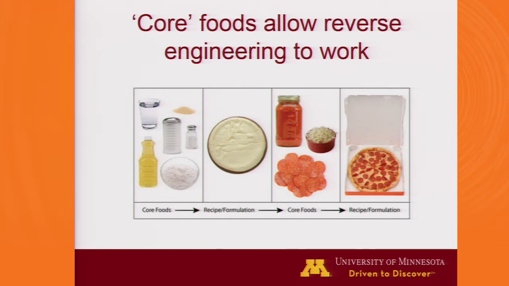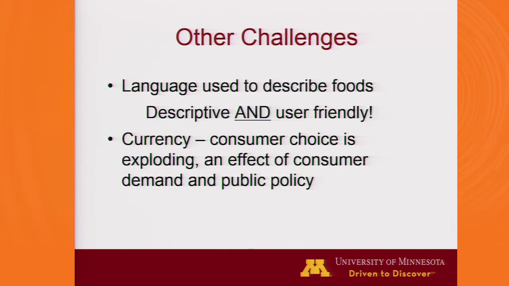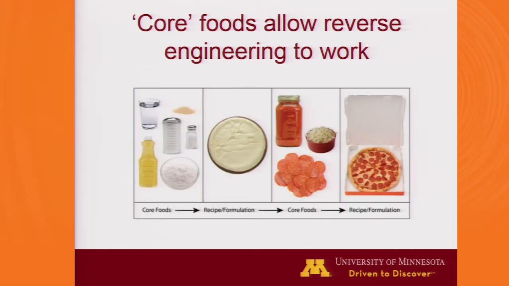So in this case, for a pizza, we have flour and oil and sugar and salt and water to make the dough to come up with a formulation, and then pepperoni and cheese and spaghetti sauce until we come up with the final formulation for a pizza. In a nutshell, this is our NCC solution to the challenge of completeness in our database.